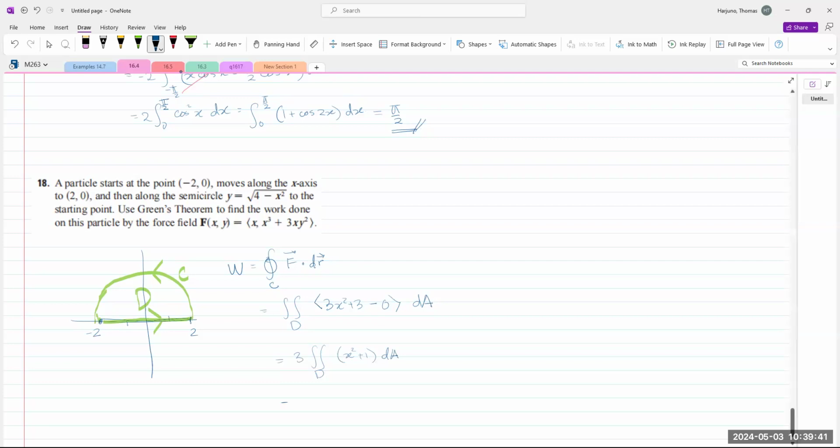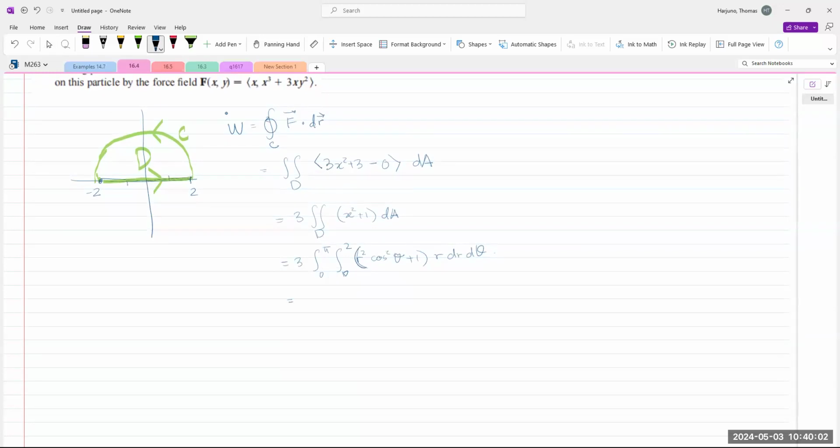Now that D can be expressed using polar: theta from 0 to pi and r from 0 to 2, of r squared cosine squared theta plus 1, r dr d theta.